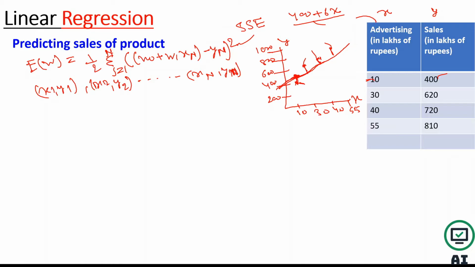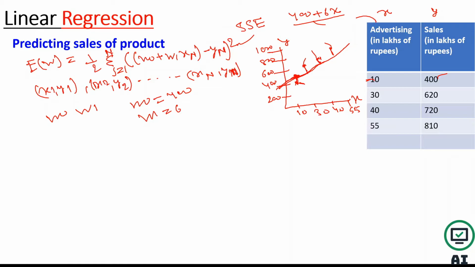So every line, or equivalently every tuple W0 and W1, in this case W0 is 400 and W1 is 6, is what our straight line indicates. That is nothing but 400 plus 6x. This gives some error or loss which is given by the error function.